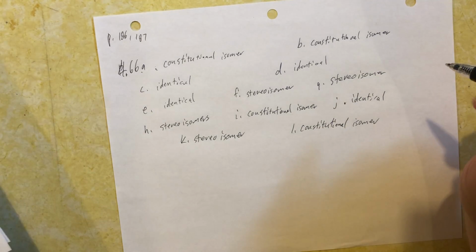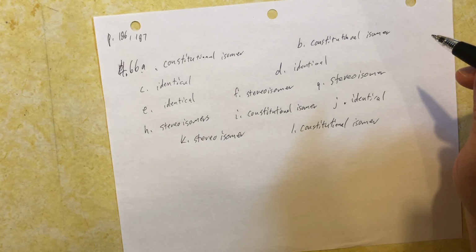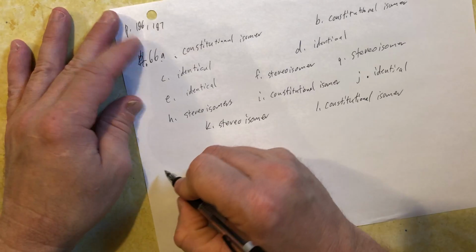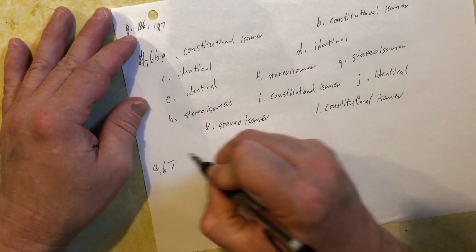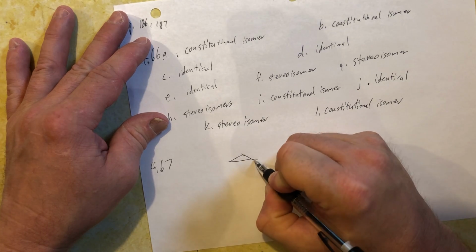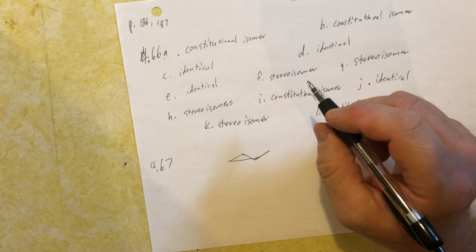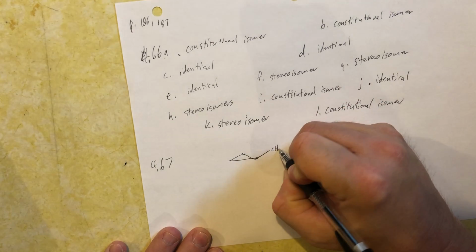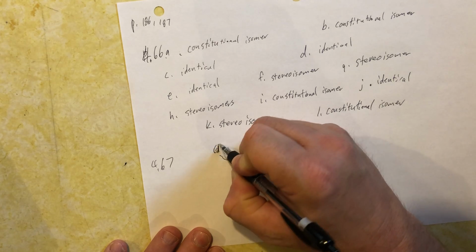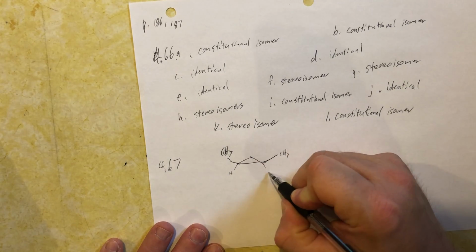But I would expect the trans to be a little bit more stable, because if you could draw that like so, well, I guess these are CH3 groups. They're pretty much out of each other's way, really.